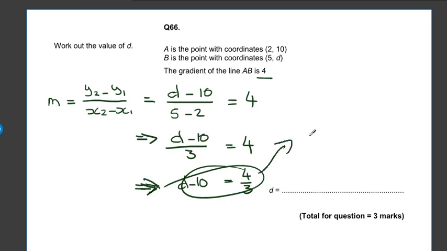Let's use your logic. Let's think of a random question: 6 over 3 equals 2, right? So this is the logic you're using. That implies 6 equals 2 over 3. How on earth is that?